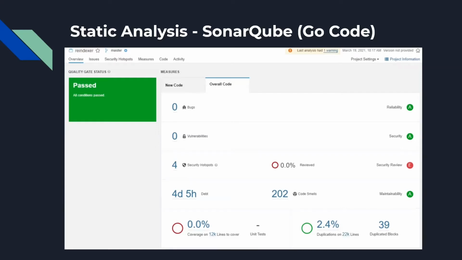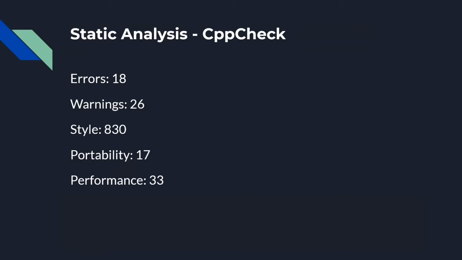For the Go part of the project, SonarQube said reliability is an A, security is an A, and maintainability is also an A. Now we can see that the security review says E, but that's mostly because there's some pseudo-random in the tests part of the Go code. And let's move to the C++ check. That's for the other part of the project.